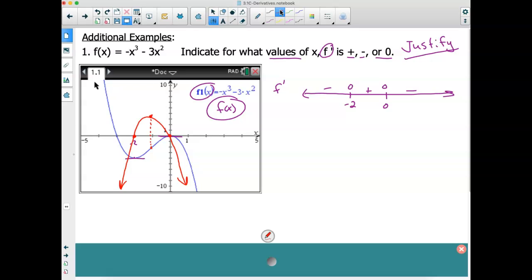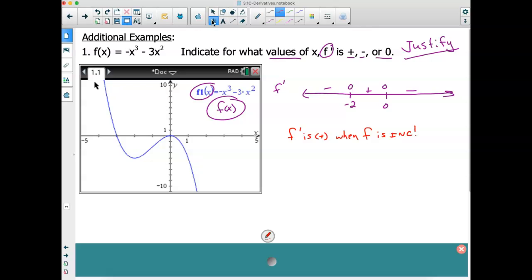Now, how's my justifying going to be, okay? I'm going to get rid of this a second, because this is what they're going to do. They want you to look at this. When is f prime positive? F prime is positive when f is increasing.